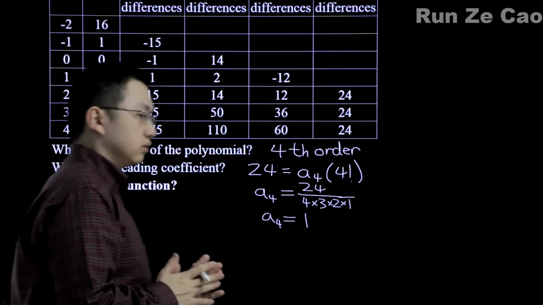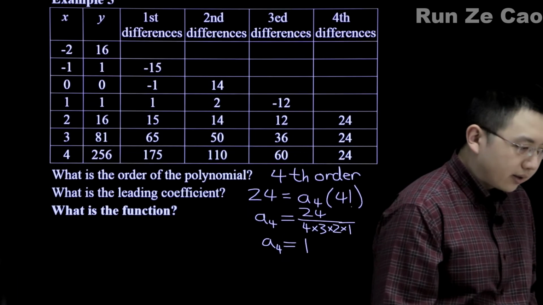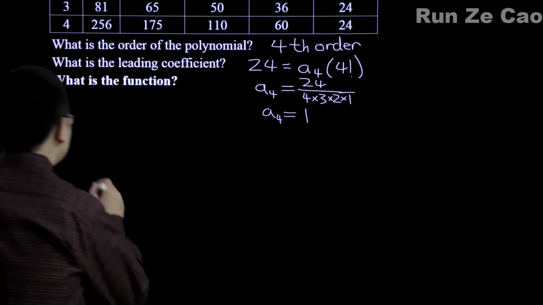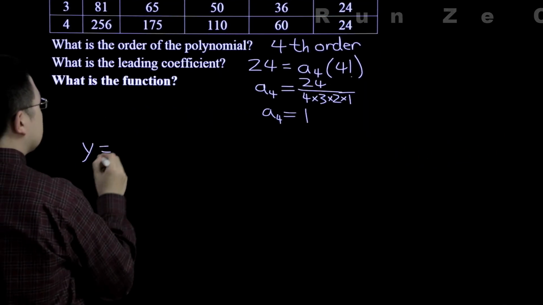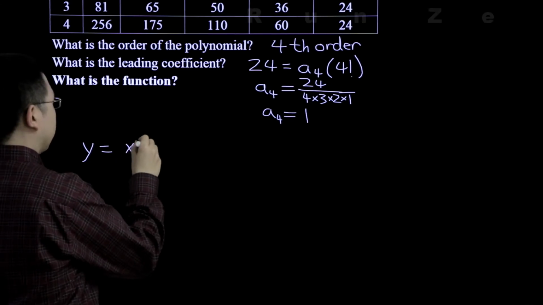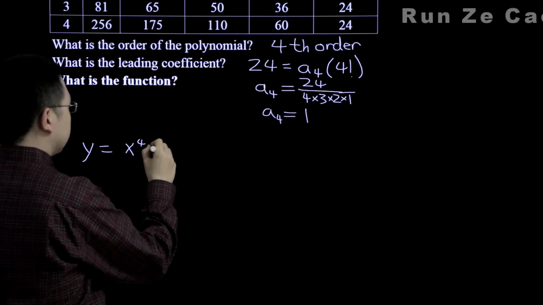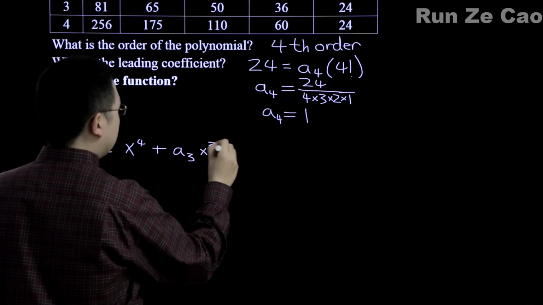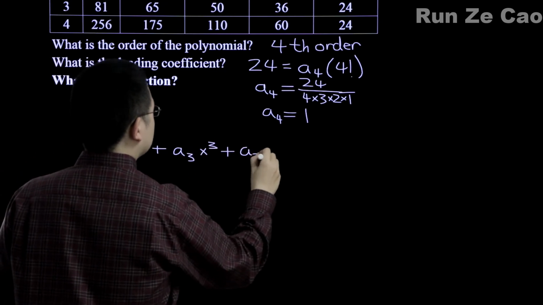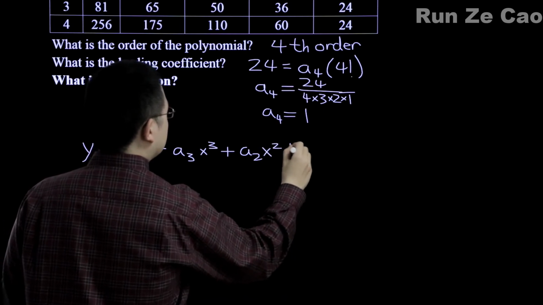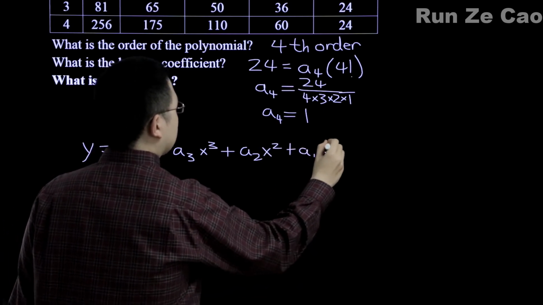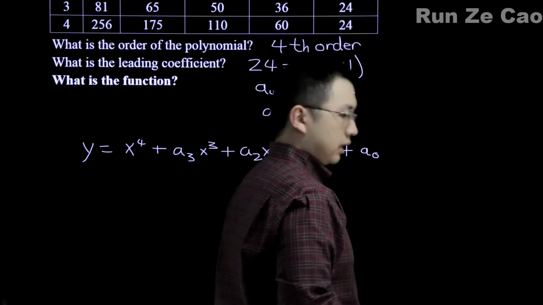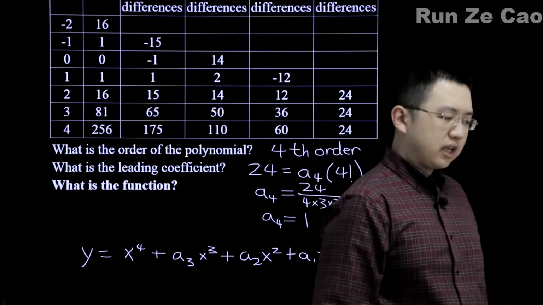What is the function? So here we have y, right? So not f of x. Well, right, y equals x to the 4th plus a3 x to the 3rd plus a2 x to the 2nd plus a1 x to the 1st plus a0. What do we actually find when we look at this?